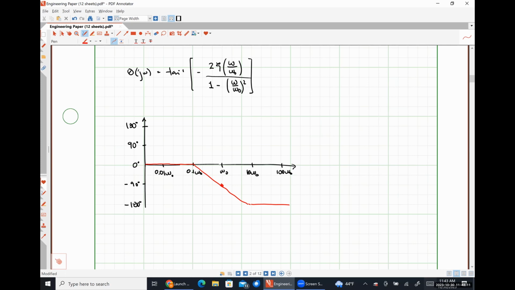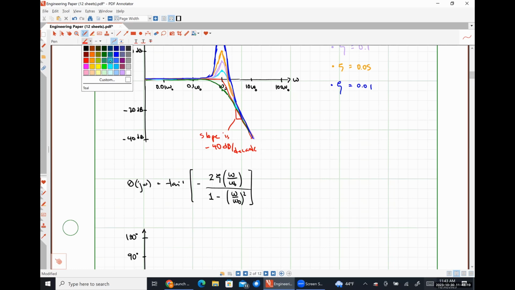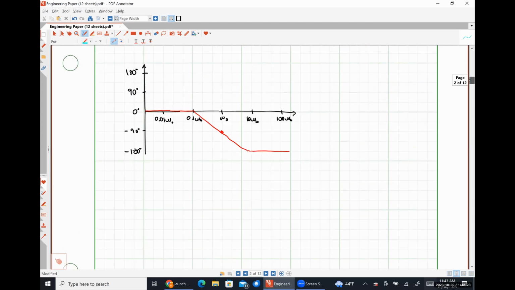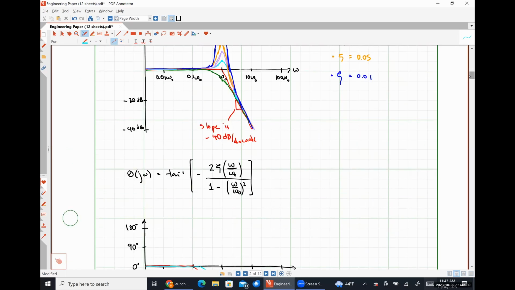Well, as zeta gets smaller and smaller, let's see, what would be the next color that I would have? Light blue. We're going to see that it's doing effectively the same thing, except that it goes a little further, like so. Next color would be light purple.